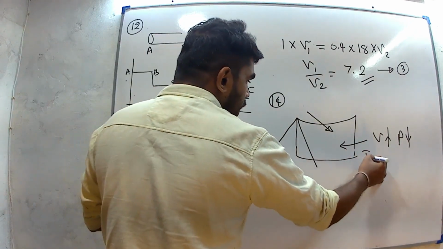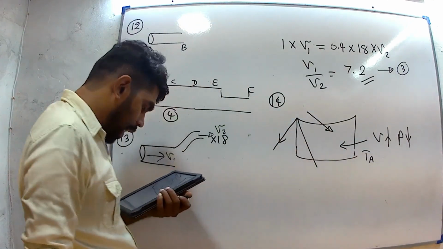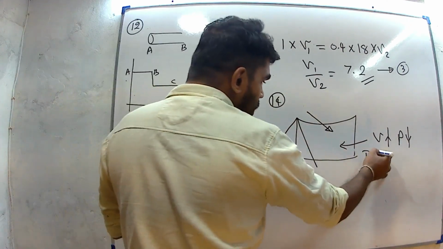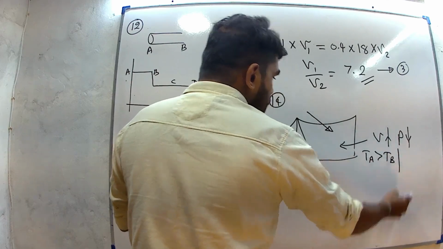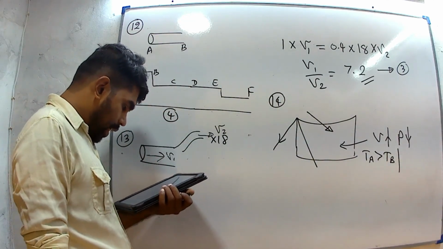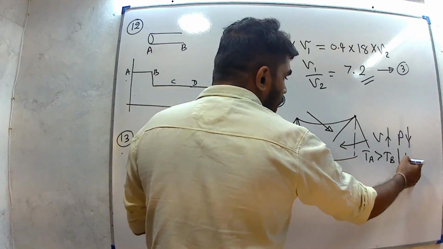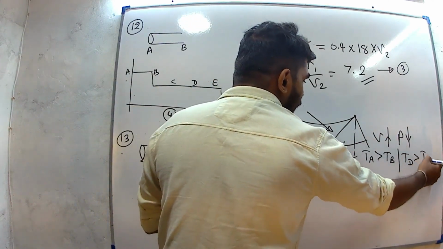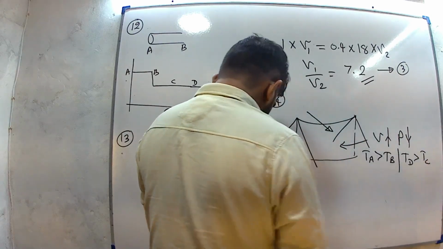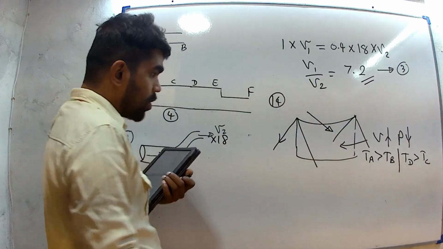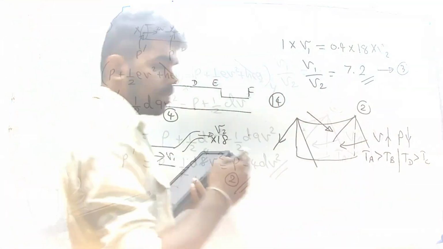Then tension at this arrow, TA, is greater than TB. By the same method, we can get the tension at D. Tension at D should be greater than tension at C. Then the answer is 2 for question number 14.